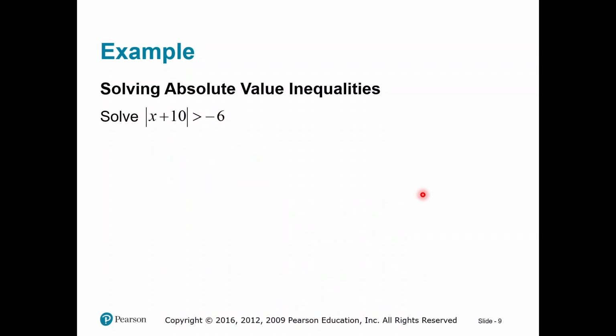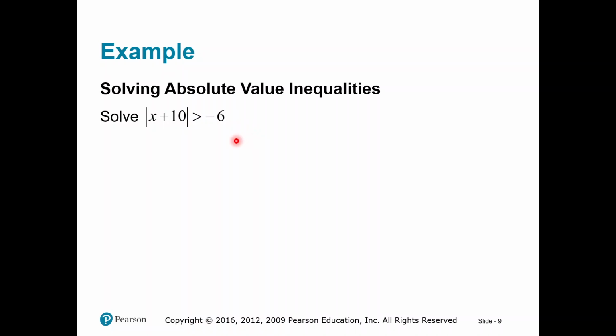Now let's graph. Well, before that, what about this one? The absolute value of x plus 10 bigger than negative 6. Again, the absolute value is always positive. So something positive, is that bigger than negative 6 or any number that is negative?